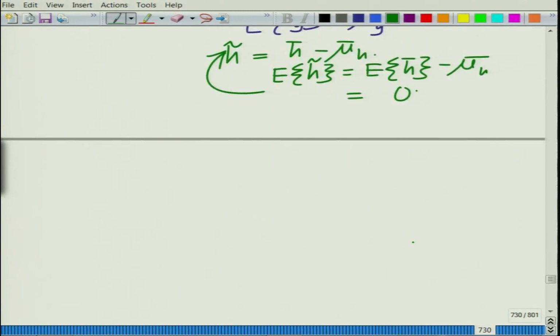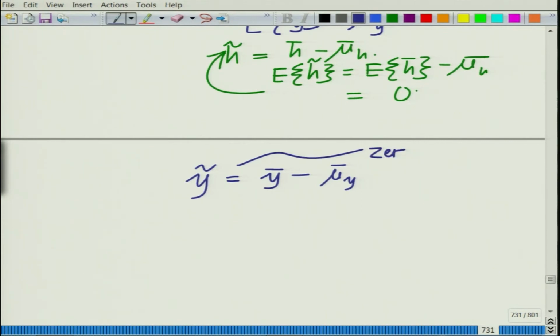Similarly, we define y tilde equals y bar minus the expected value of y bar, that is mu y bar, and this is also a zero mean quantity.